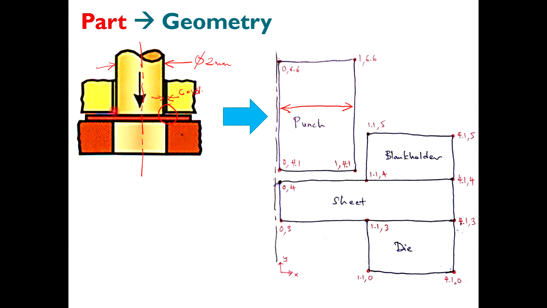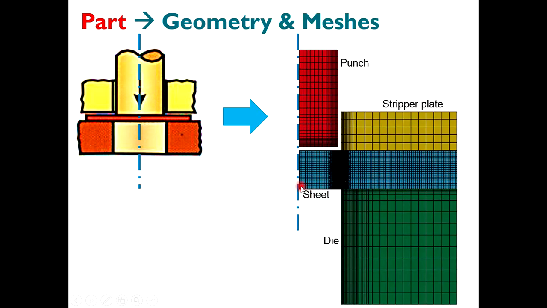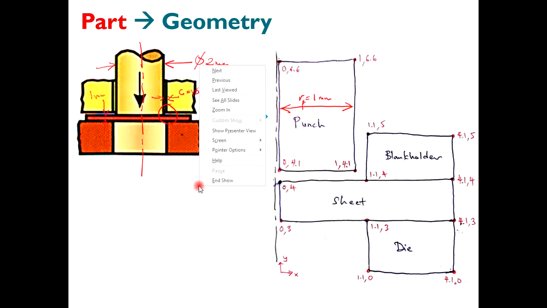The thickness here is 1 mm. So if you look carefully, the radius of the punch is 1 mm.